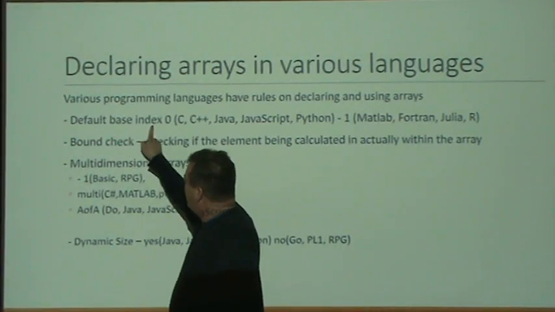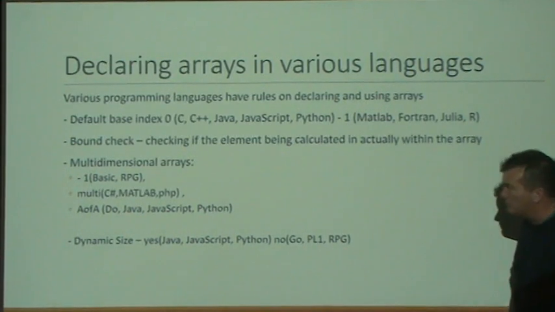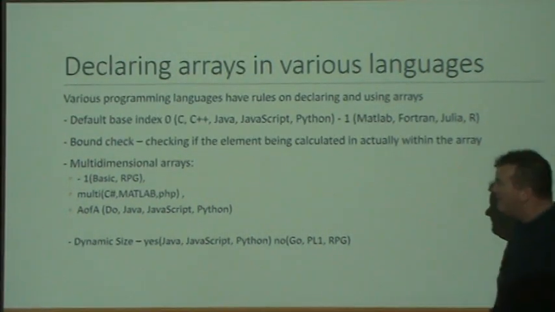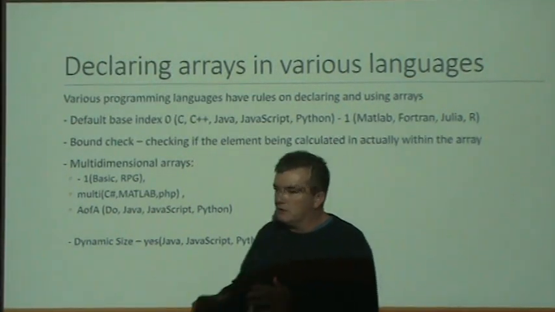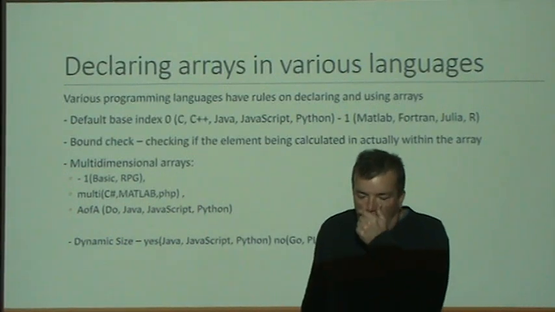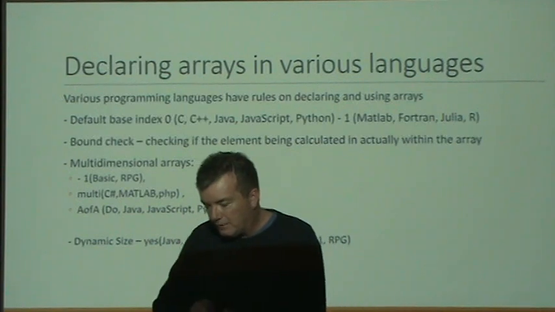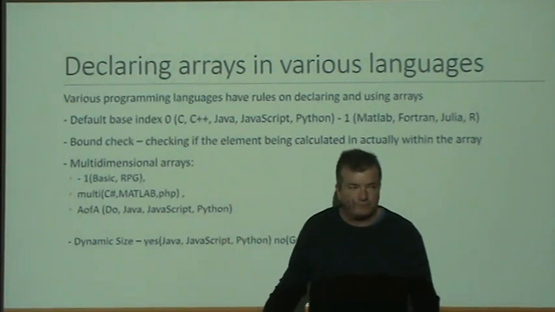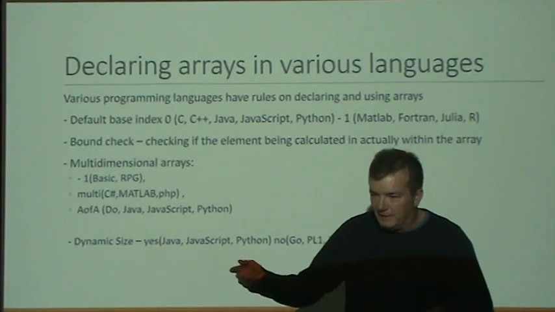So the default base index of 0 is used by programming languages like C, C++, Java, JavaScript, and Python. Some programming languages find this confusing: if you declare an array of size 10, you have to number the elements from 0 to 9.